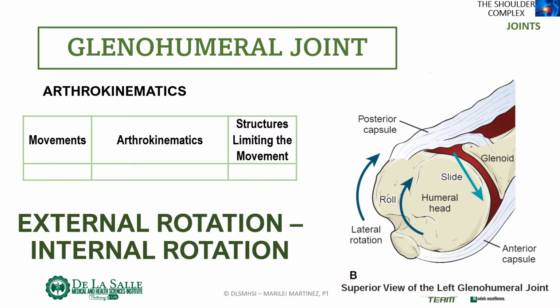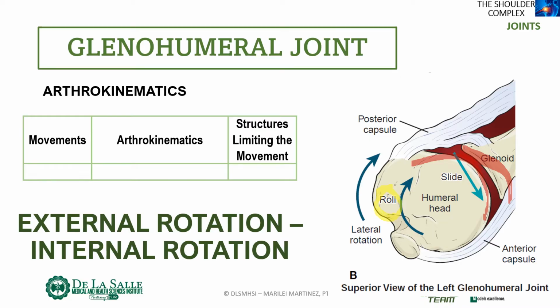Now, for the closed kinematic chain, arthrokinematics of external rotation, follow the same rule because it's the concave glenoid fossa that is moving over the fixed convex humeral head. Okay, so specifically for external rotation, again, same as to the roll on the open kinematic chain.